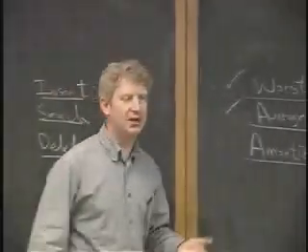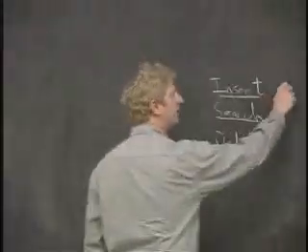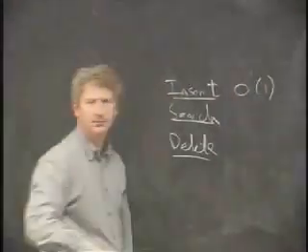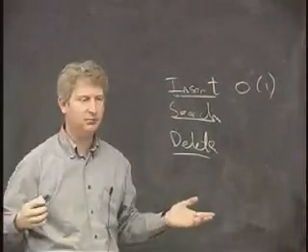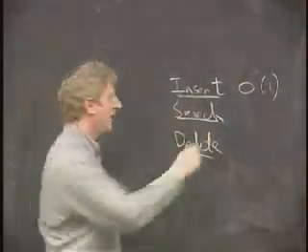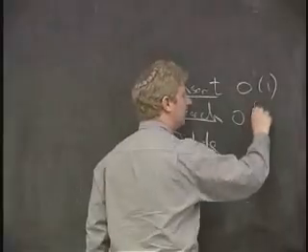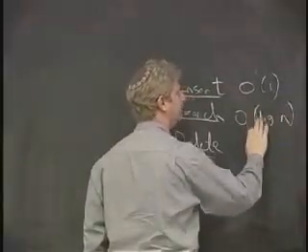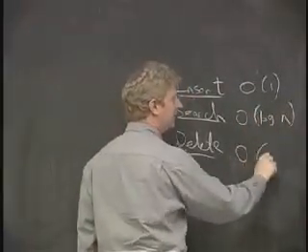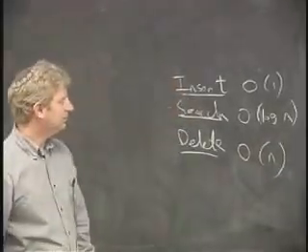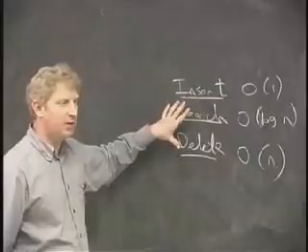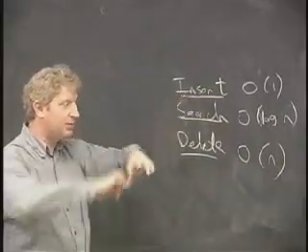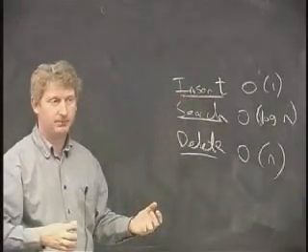And let's say you make this data structure up so that inserting takes constant time. Say you have an array and you just stick it on the end in the next available slot. Say searching takes, let's just say, log n time. And say deleting takes n time. It's a peculiar amount of complexities, but these 3 go together because these 3 algorithms need to be associated with that data structure.